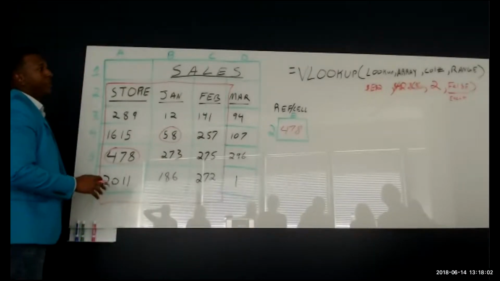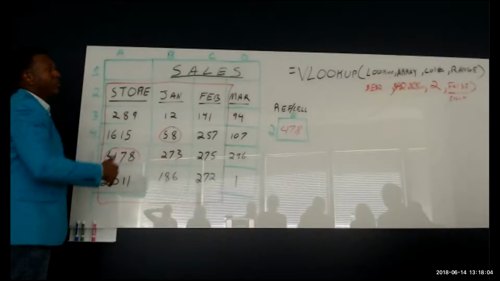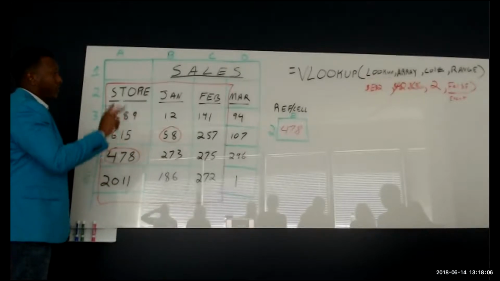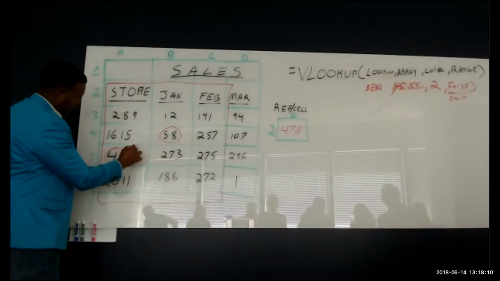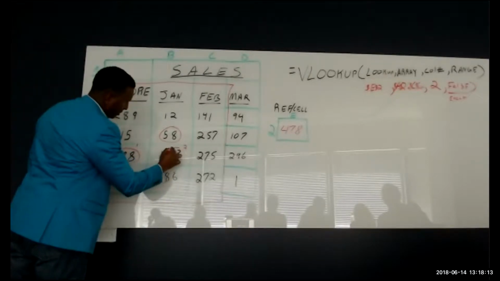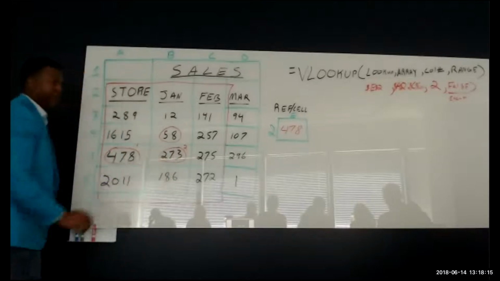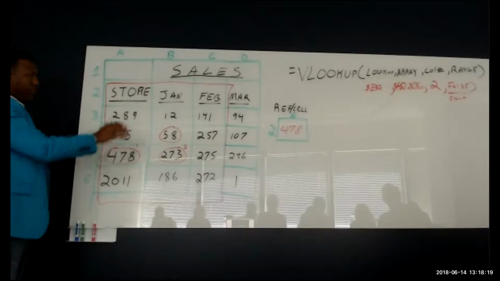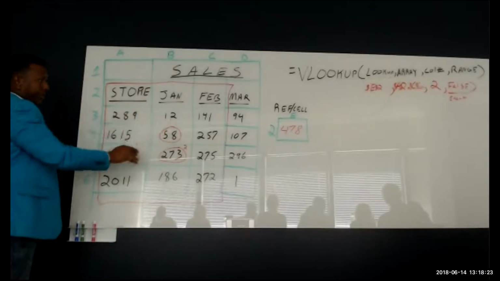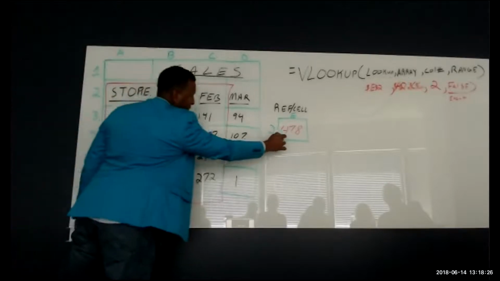Then it's going to say, how many columns over do you want me to return? In this example, 2, because we're looking for January. It's going to go 1, 2, and return 273. Okay? And false, because we wanted exactly what's corresponding to store 478.